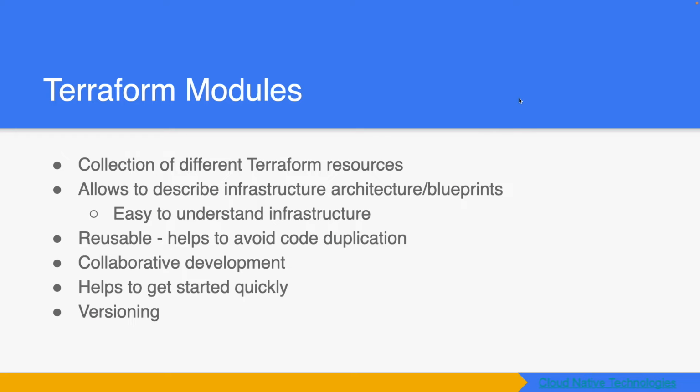So that's where the Terraform modules come into the picture, which will help us. The Terraform module helps us to package the Terraform code in a library format or in a package format. So the analogy would be, let's say you are using Python, right? And you have some function which you are using very frequently.